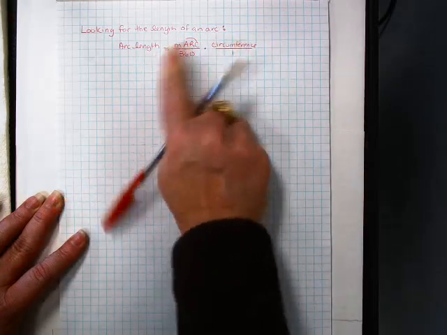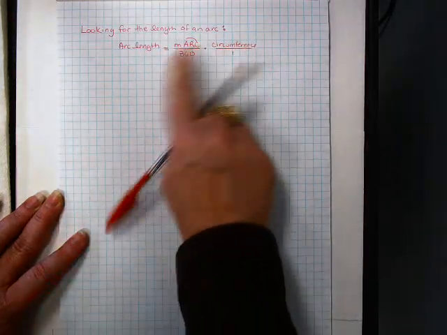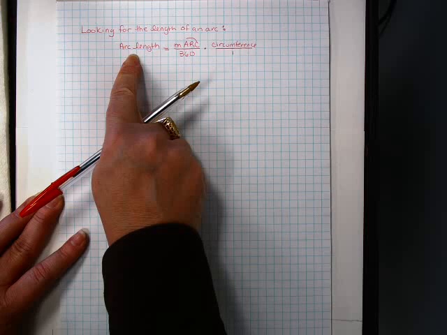Okay, so I just multiply these together straight across, and that will give me the arc length.